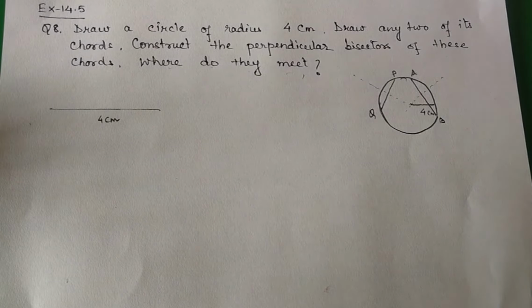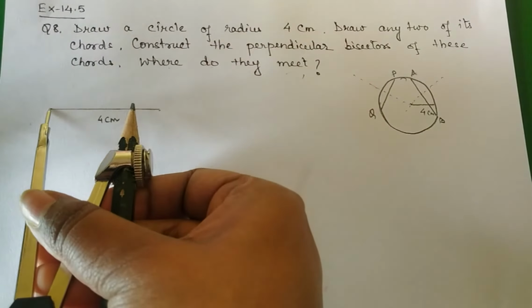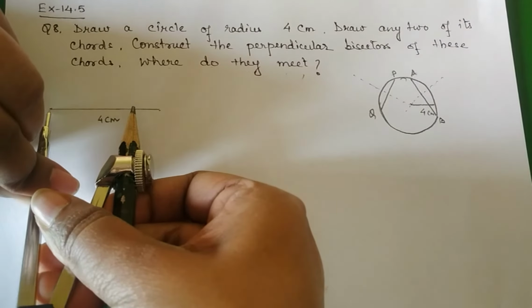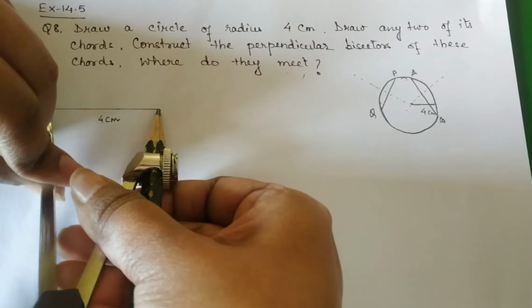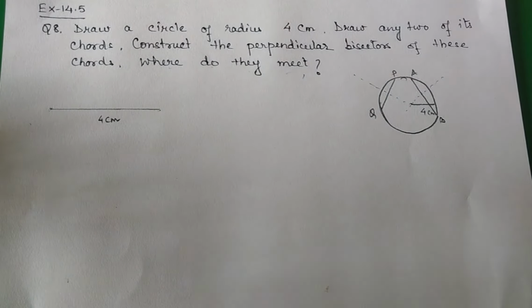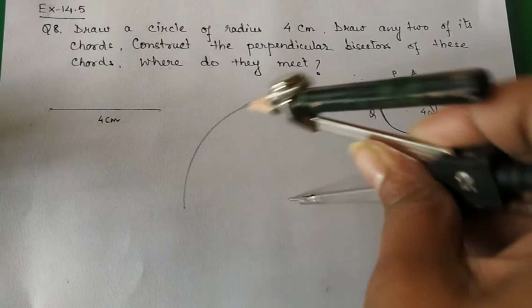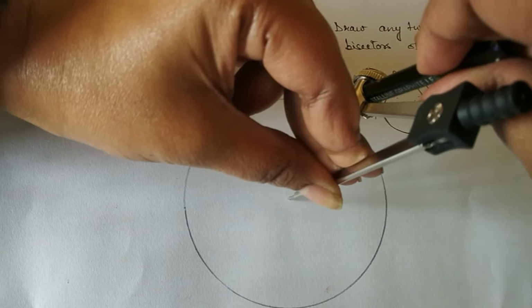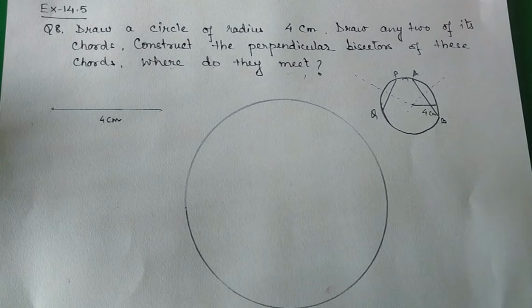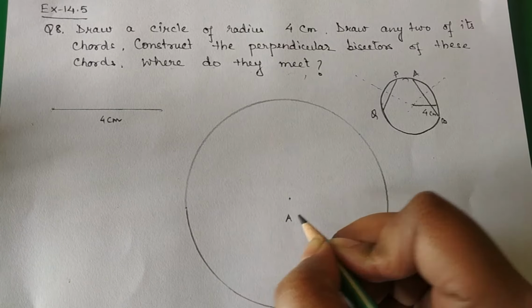Now with the help of this radius, we will draw a circle. So this is the center of the circle, say A.